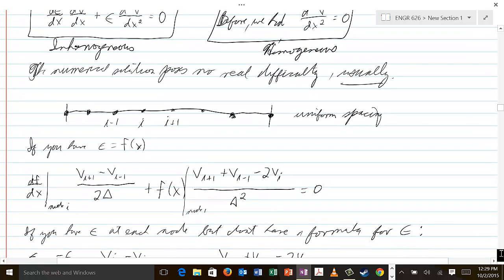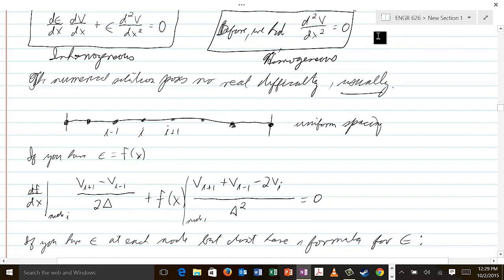Now, how do we solve this problem numerically? Well, as is explained here, the numerical solution poses no real difficulty usually, and so let's explain why. Suppose that we wanted to enforce this equation at node i in our problem domain.